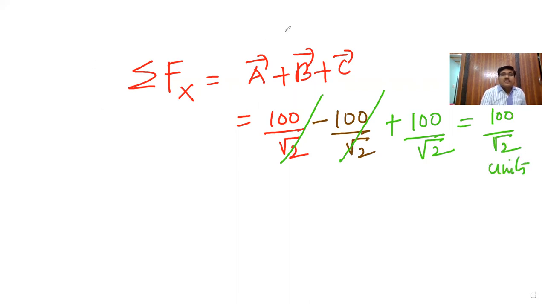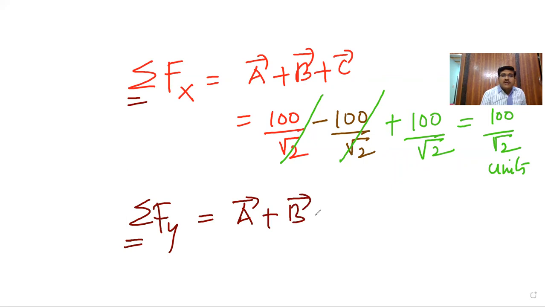That is sigma Fx. Similarly, I need sigma Fy. F stands for the forces of all the vectors A, B, C along the y-axis, the vertical component. Sigma shows the sum. So the component of a bar along the vertical axis, of b bar along the vertical, and of c bar along the vertical. The first one is 100 by root 2, positive.